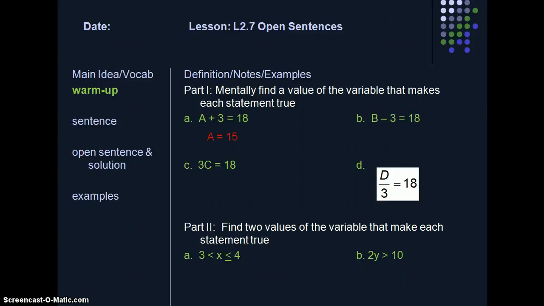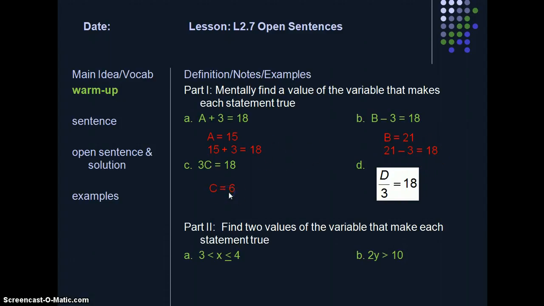Hopefully, at this point, you have identified that a equals 15. If we take a look, we know that to be true because if we take our a and substitute a 15, it makes a true statement. 15 plus 3 equals 18. So we take a look at b. Hopefully, you have found that b equals 21. If we take our original equation and substitute 21 for b, we find out that 21 minus 3 equals 18, which is true.